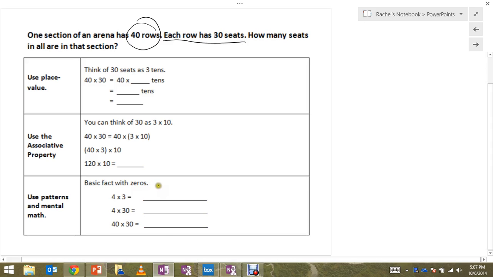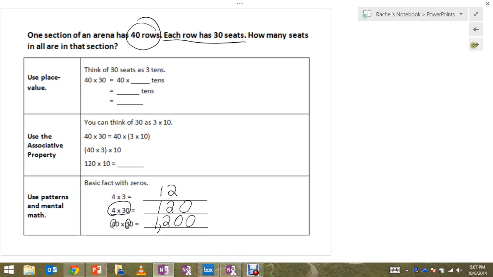This last strategy is the one that most students are utilizing, where they're looking at 4 times 3, the basic fact, and noticing how many zeros are within both factors. So in this last one, 4 times 3 is 12, and then there's 1 0 in each of those factors for a total of 2.